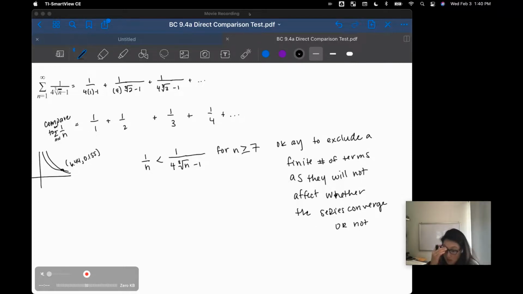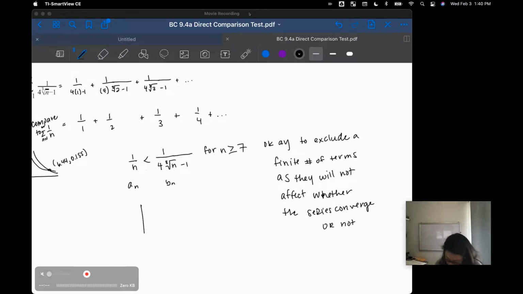All right. So what I know is that since 1 over n is a sub n, because it's a smaller curve, has the smaller outputs. Okay, that's a sub n, b sub n.